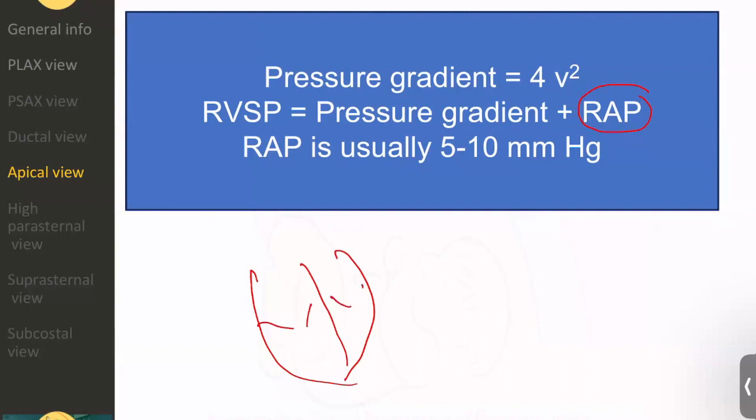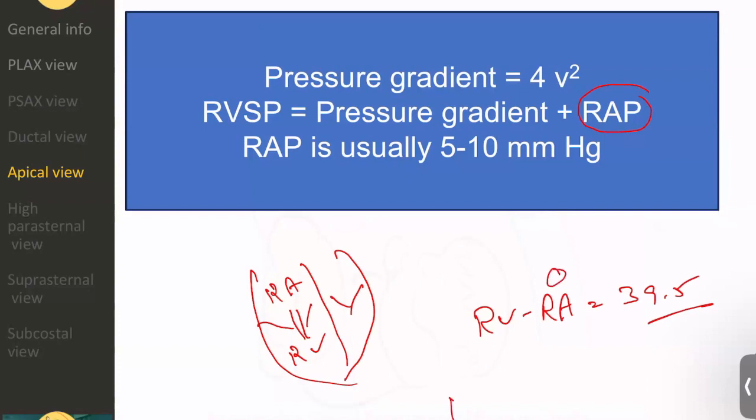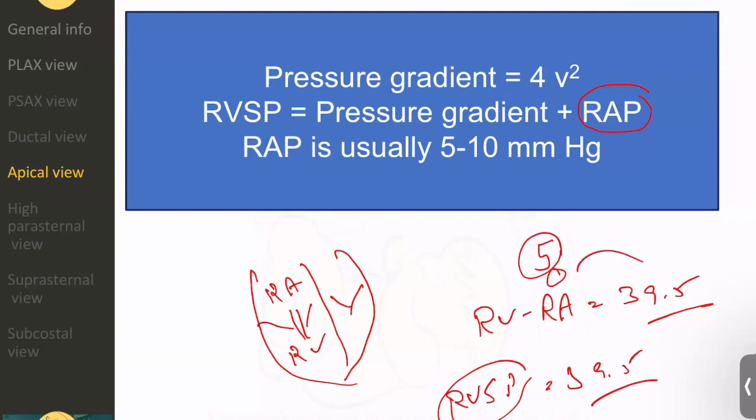When we are estimating the gradient, that is RV minus RA. Like in this case, it was 39.5. Suppose RA doesn't have any pressure, then the RVSP, the right ventricular systolic pressure, is 39.5 only. But when the RA has some pressure, that has to be summed up.